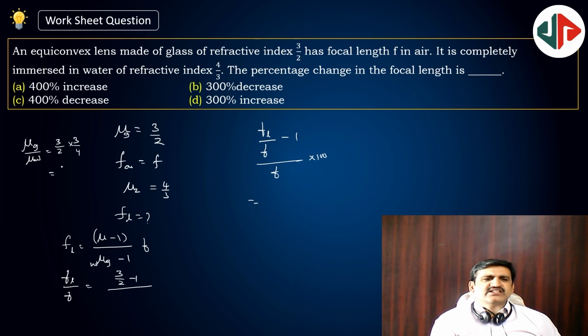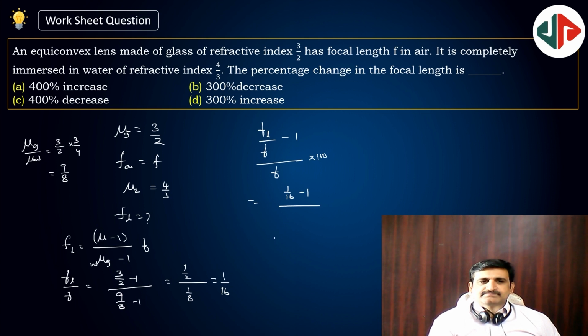Majority cases 3 never cancel. 9 by 8 only will come. 9 by 8 minus 1. So this is going to become 1 by 2 in the numerator, 1 by 2 by this is 1 by 8. So these two together will become 1 by 16. So 1 by 16 minus 1 by F value, F only.